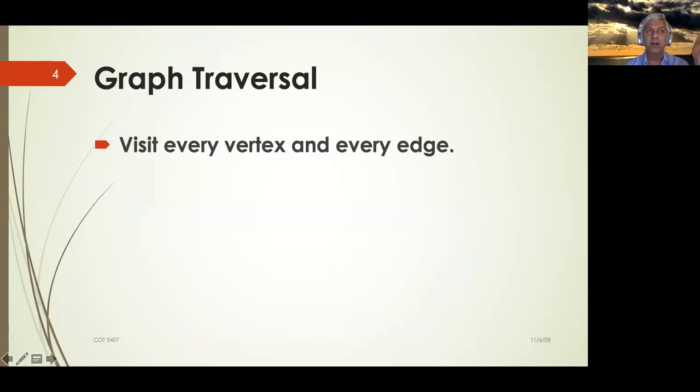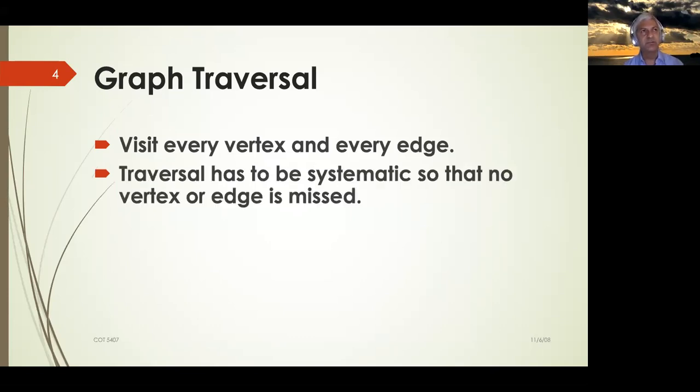Now, there are simple ways to do it, but there are also systematic ways of doing it that will become much more useful when you start to address or solve different problems on graphs. That's the reason why it's important to understand graph traversals. Most of you have probably seen examples of graph traversals.